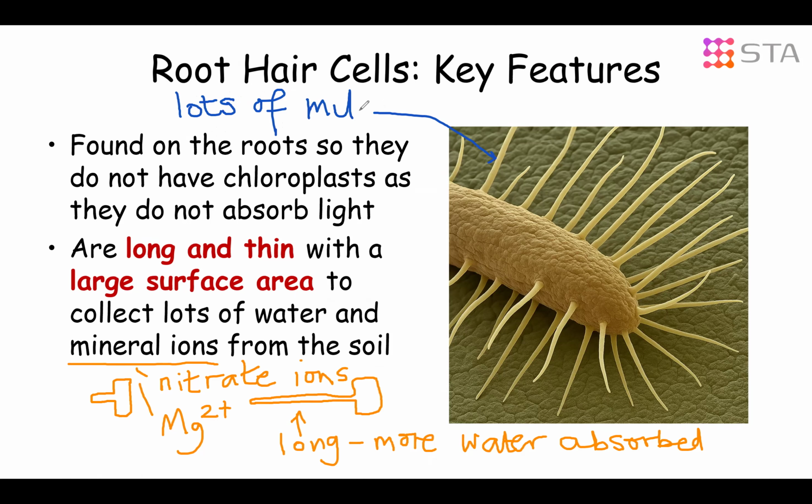And where does energy come from? It comes from mitochondria. Notice that as we're learning features of specialized cells, there are lots of links that we're making to other parts of the specification. So that is everything you need to know so far about root hair cells.